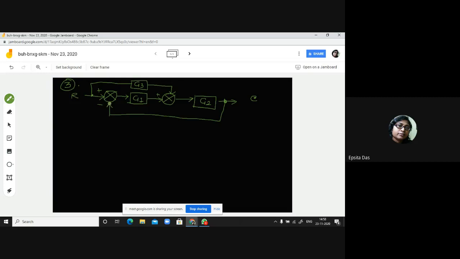Now, can you identify where is the hindrance? Where the problem lies? Can anyone tell me what we should do in the first step? What action should we take in step 1 to reduce this block diagram?